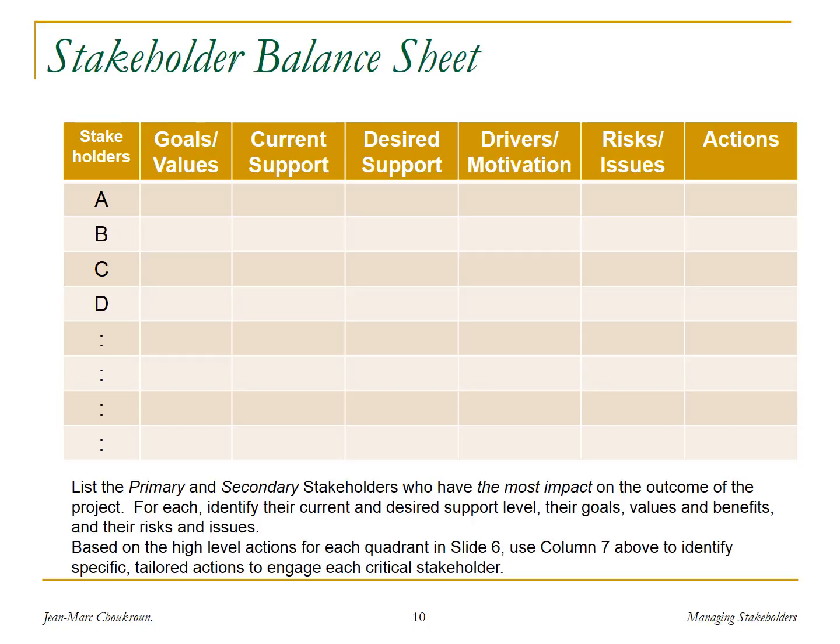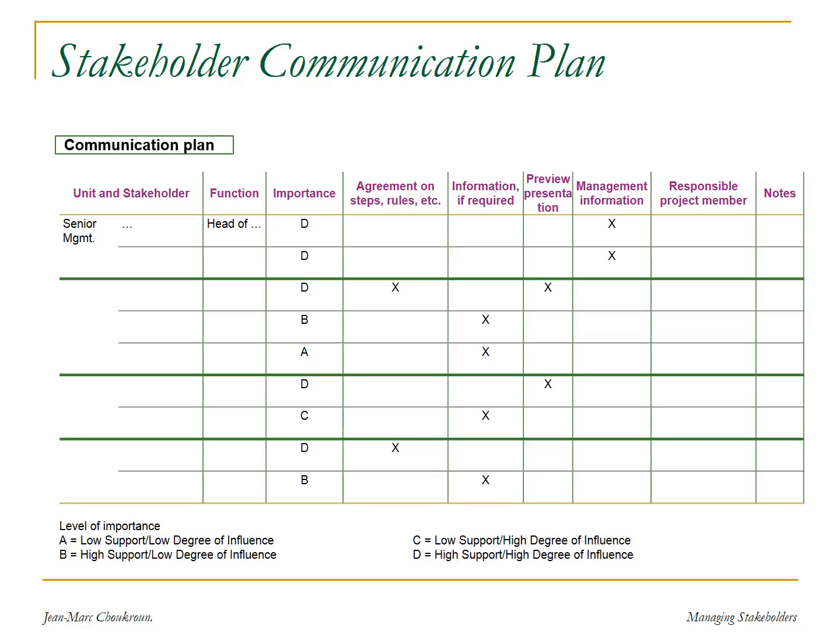This is essentially a reproduction of those forms in those tools. Again, here you are listing only the most important stakeholders, those who have the most impact on the outcome of the project. You also want to have a communication plan.